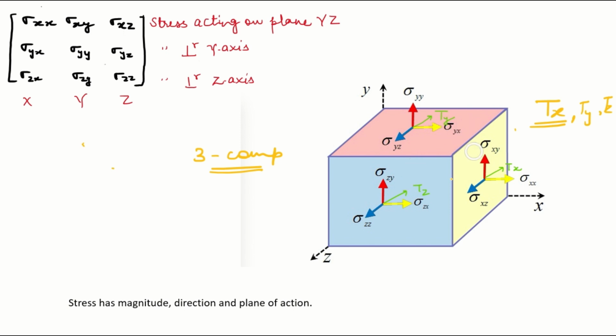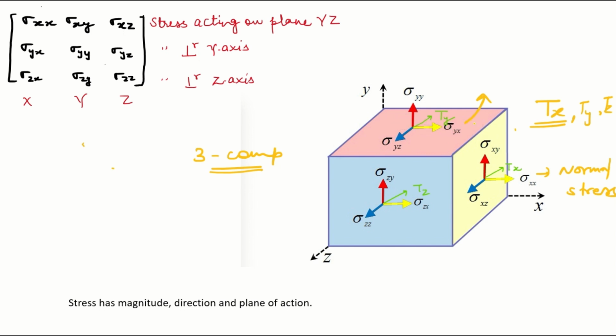Why? Because sigma xx, this stress component, acts on the x plane and is perpendicular or normal to the x plane. So this stress component is called normal stress. And here this sigma yx is acting along the surface, parallel to the plane.